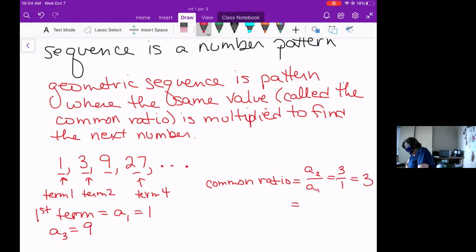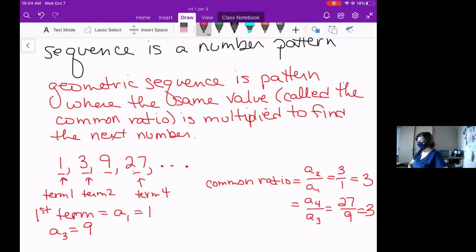What if I did term 4 divided by term 3? It's 27 over 9, which is still 3. So it doesn't matter as long as you get 2 terms that are side by side, the one there and the one in front of it. Because sometimes we're not going to give you the first 2. We're going to say we have this term and this one, and we need to find it.